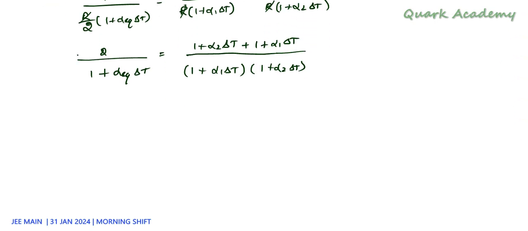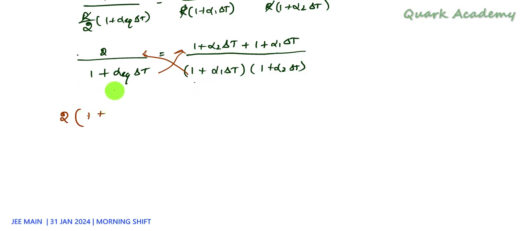Now we'll cross multiply. So 2 into, I'm going to bring this term here and this term here. Also we'll multiply this.